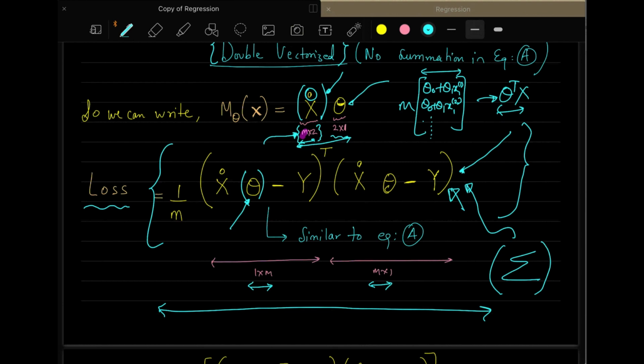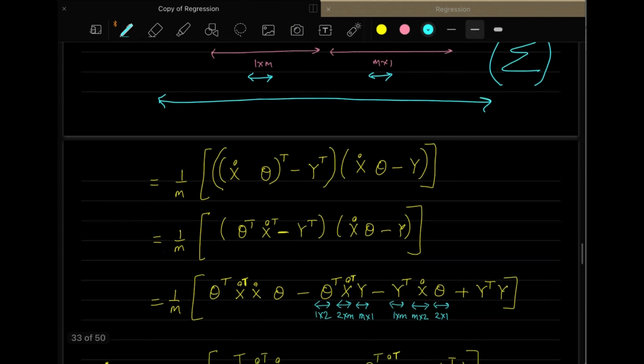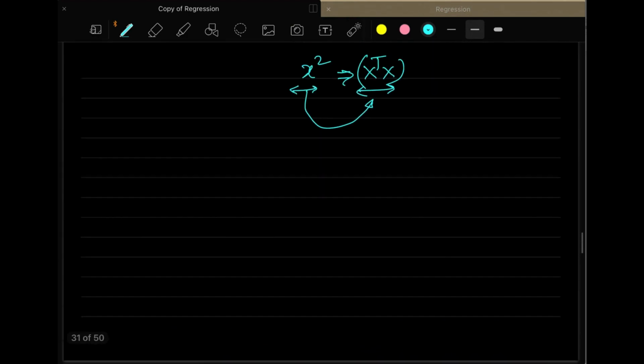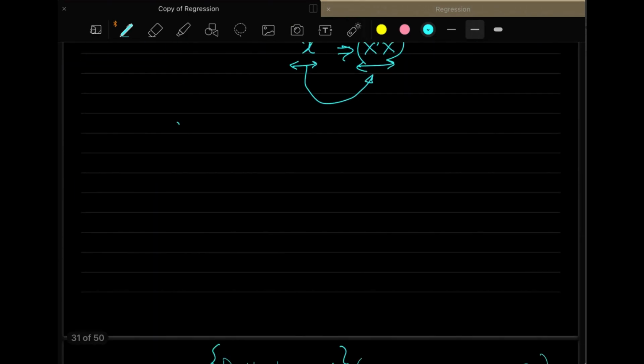X with a circle is basically just the original matrix X with an extra column with all ones, right? Yes, that one. So what is the significance of that? Why didn't we simply use X instead of X with circle? So the thing is, you must have seen this, right? Theta 0 plus theta 1 x.